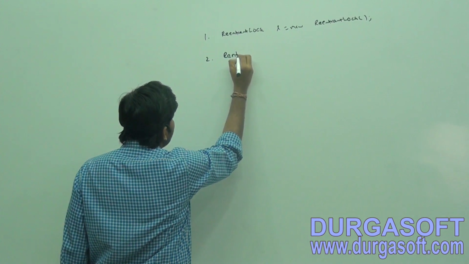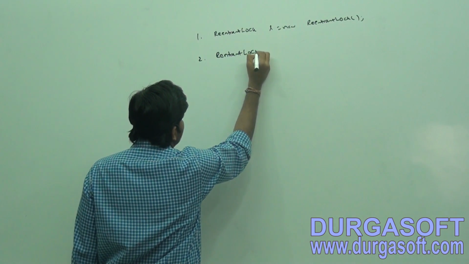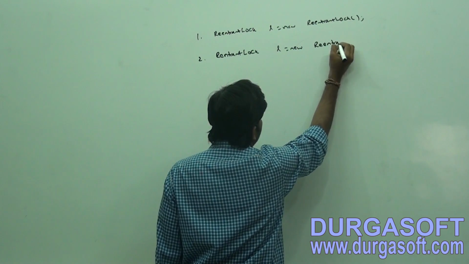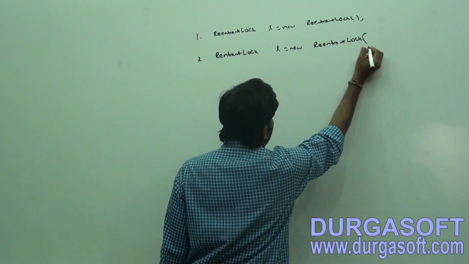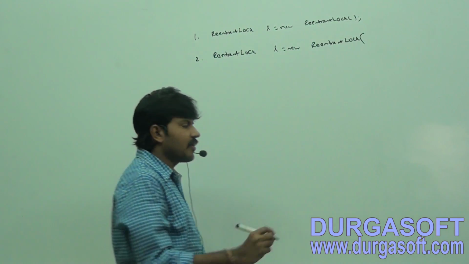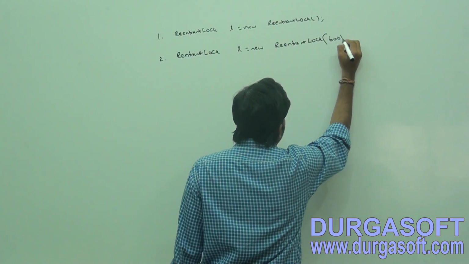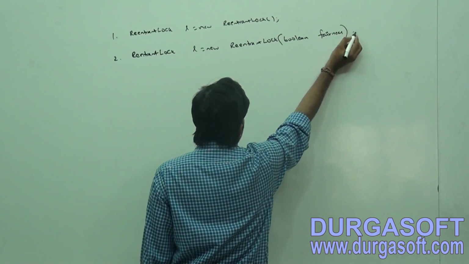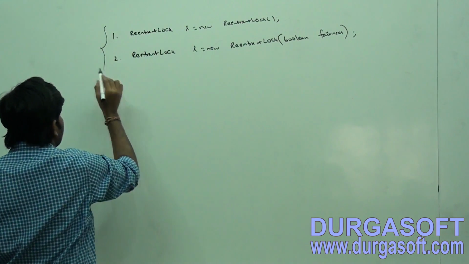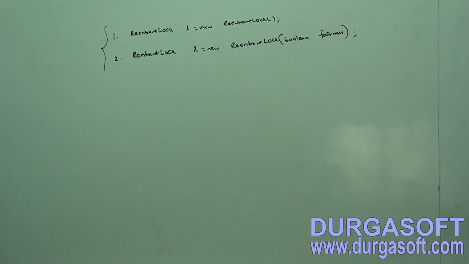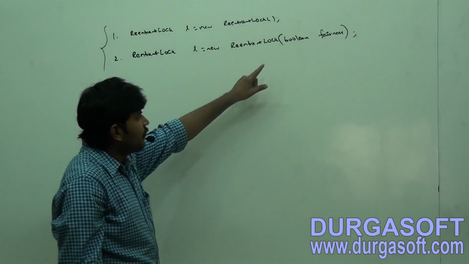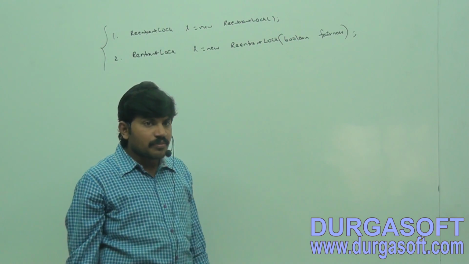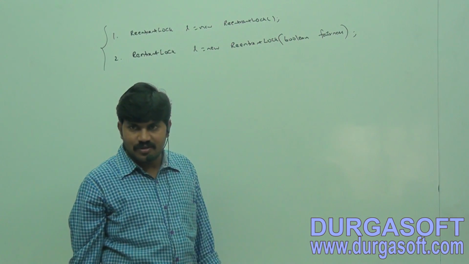Here, ReentrantLock l = new ReentrantLock(boolean fairness). Have you observed boolean fairness? In the last session somewhere I used this word: be a bit fair, don't do fraud, don't be biased.